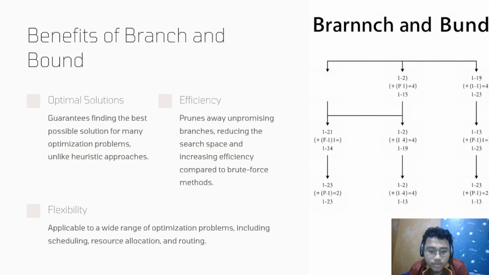And then flexibility. This technique is not limited to one type of problem. It's widely applicable to various real-world challenges, including scheduling, resource allocation, and route optimization. These benefits make branch and bound a powerful and widely used optimization approach in both theoretical and practical applications.